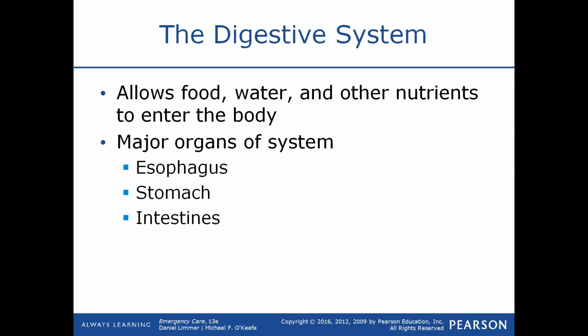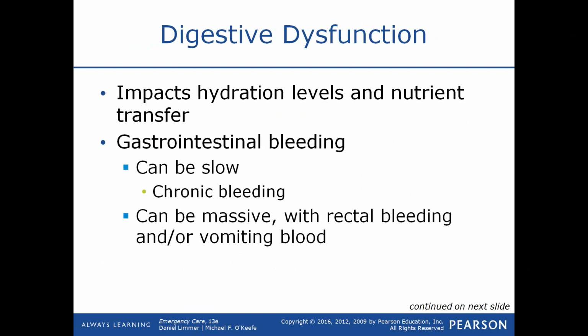And removing too much water, if that does occur, that's what may cause constipation in some patients. Now, if your digestive system doesn't work right, it certainly is going to affect your hydration levels and your nutrient transfer. But if it's bleeding, it also can pose problems.